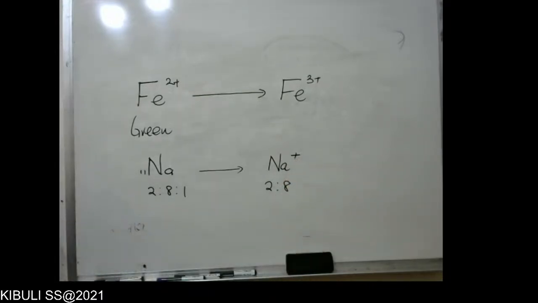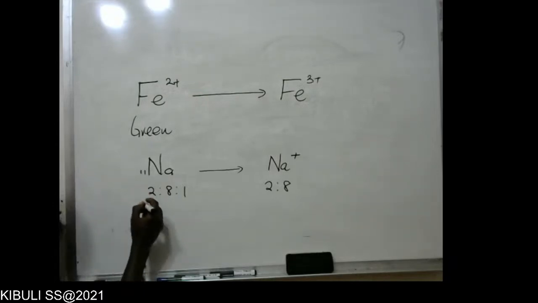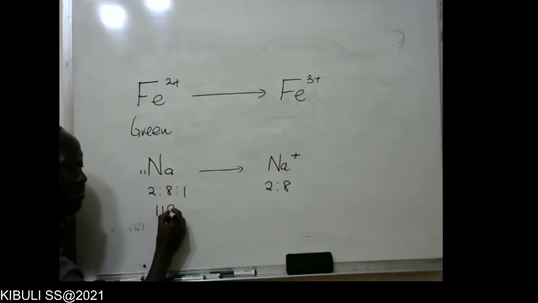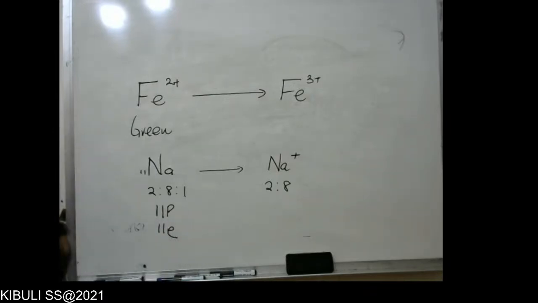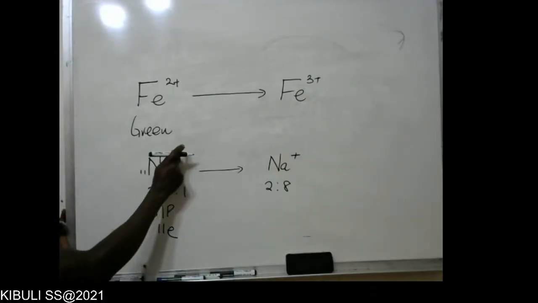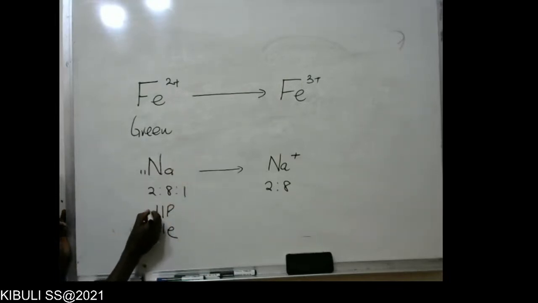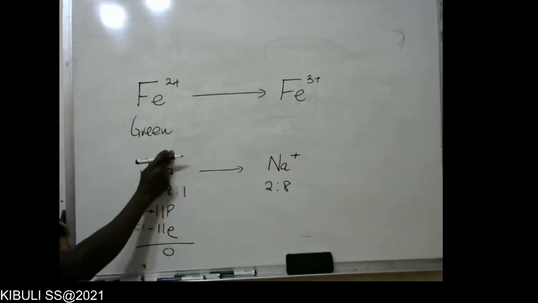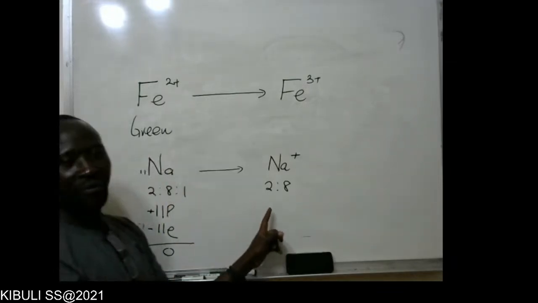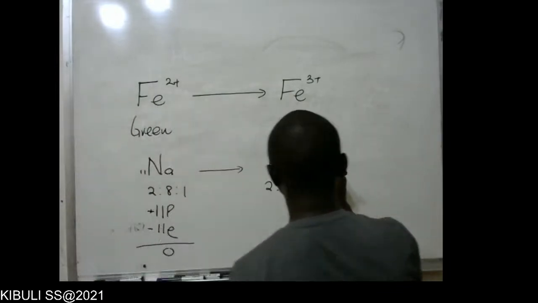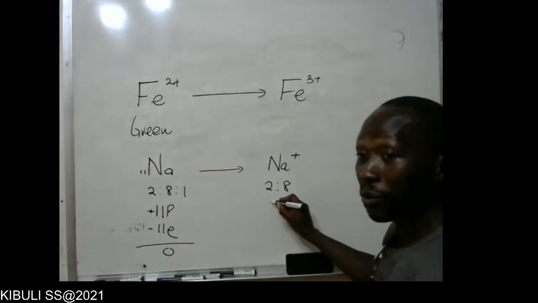But the idea is that sodium has 11 protons and has 11 electrons. Why is it not charged? Protons are positive, electrons are negative. When you add them, what do you get? 0. That's why you don't see a charge here. So why do we have a plus 1 here? In this sodium ion, how many protons?